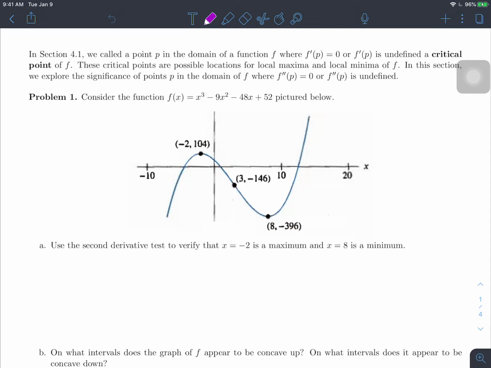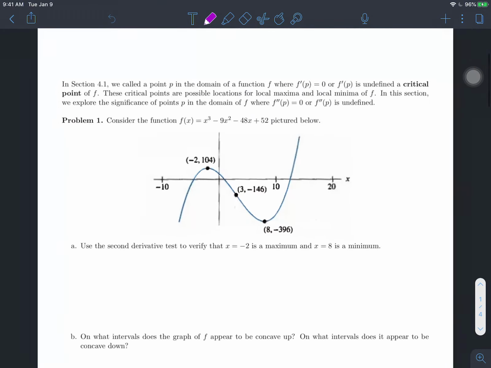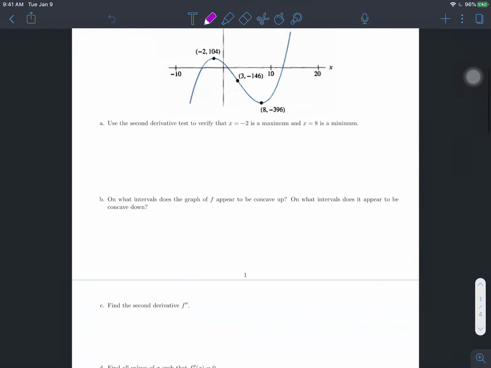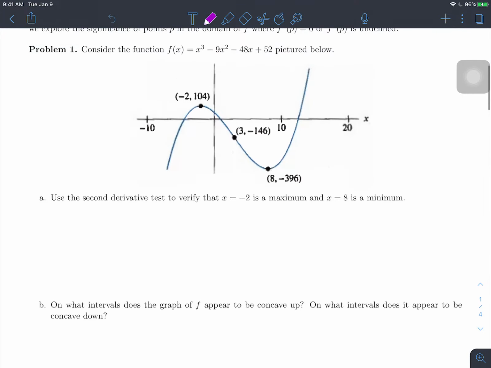It is an inflection point. We said that an inflection point is when the concavity of our function changes. Okay, so that's what we're going to do here.